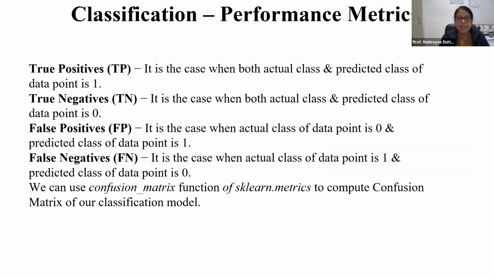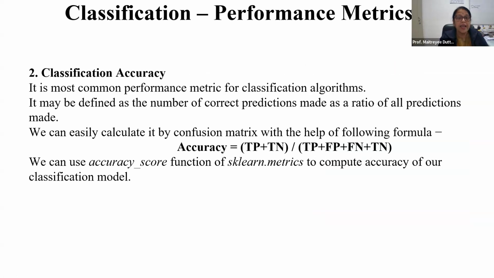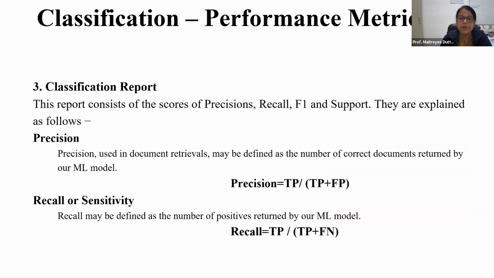So depending on this, we have the accuracy, that is TP plus TN divided by all the values. Depending on this, we have the precision. Precision is basically the number of correct positives returned by our model. What do we mean by precision?